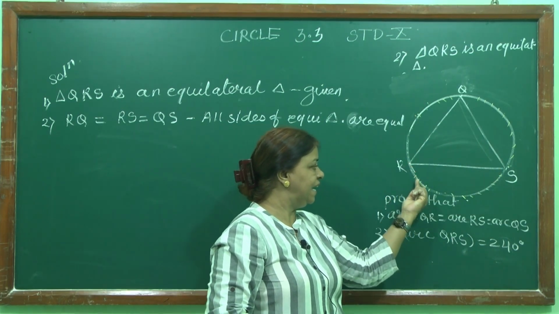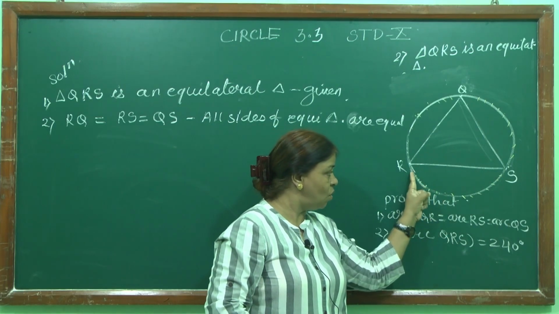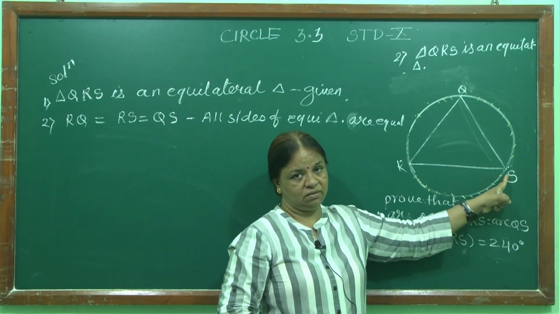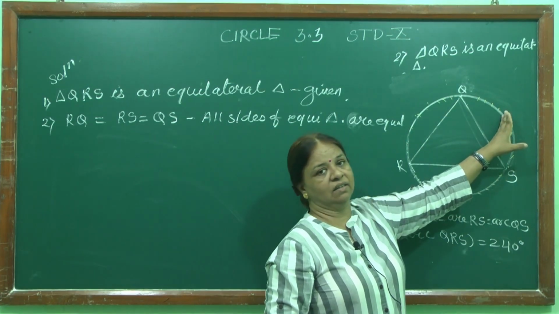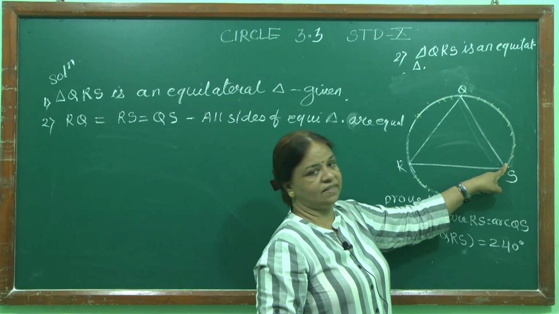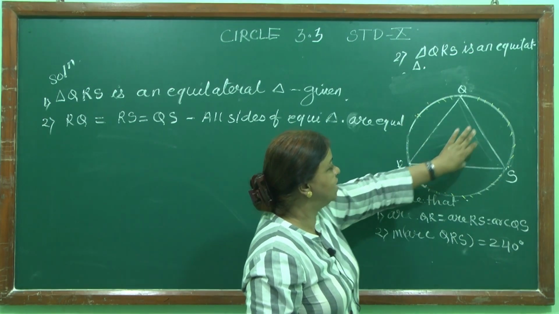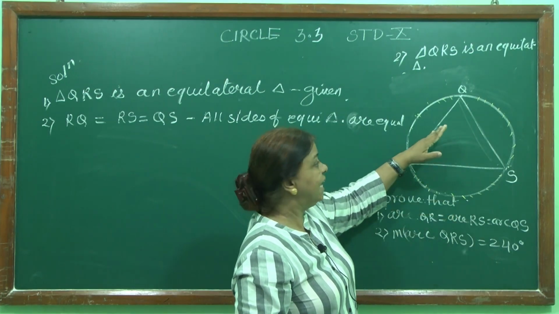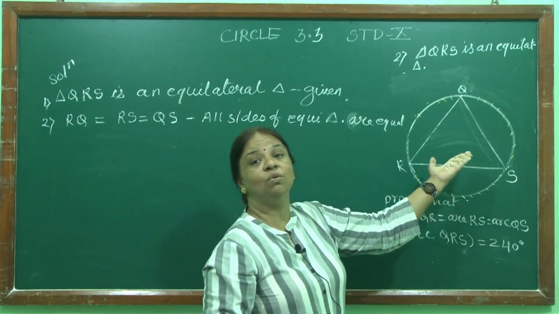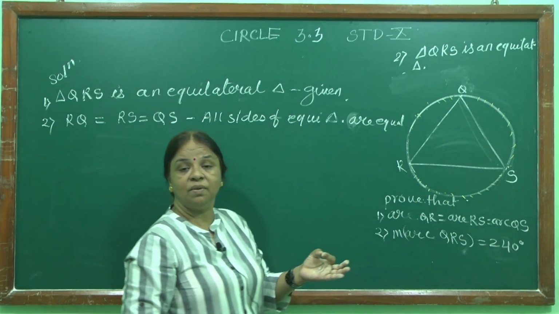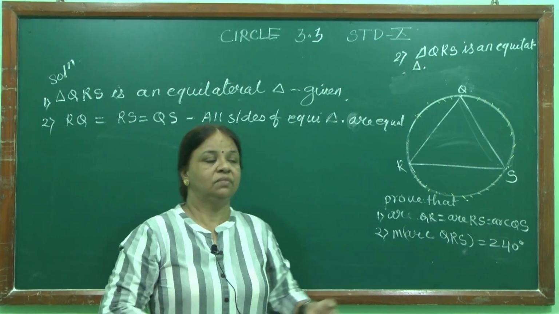RS is subtending this arc, means the shadow of RS will fall on this arc. QS is subtending arc QS. So if these chords are equal, then the arcs which they subtend will also be equal. We have done the theorem that equal chords subtend equal arcs.